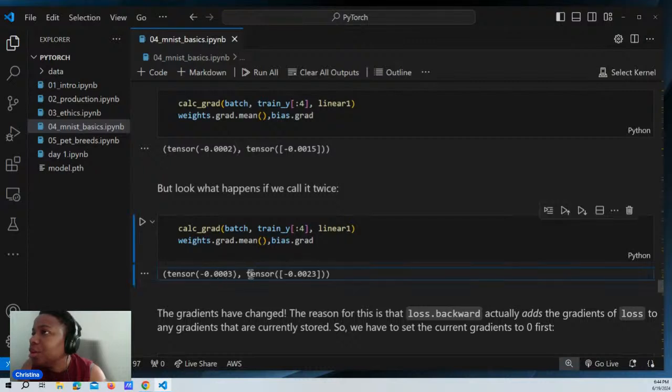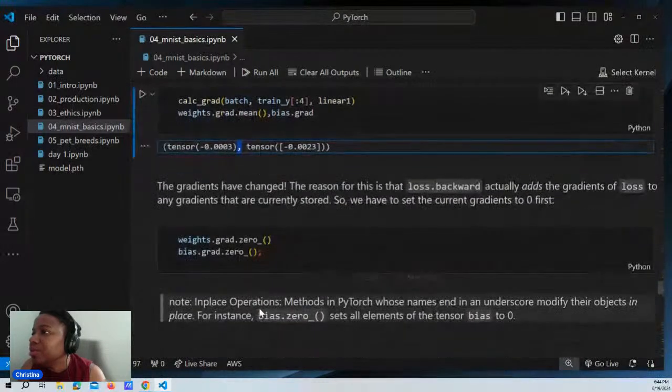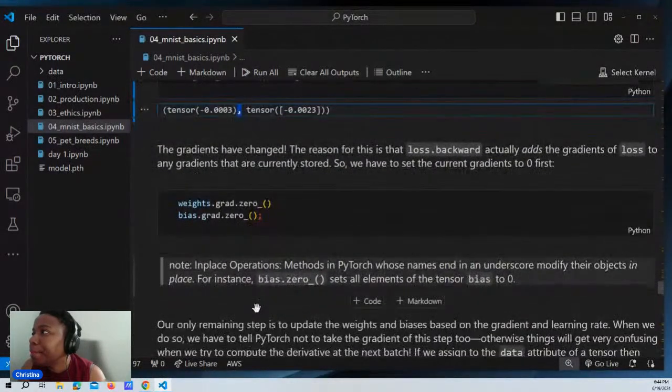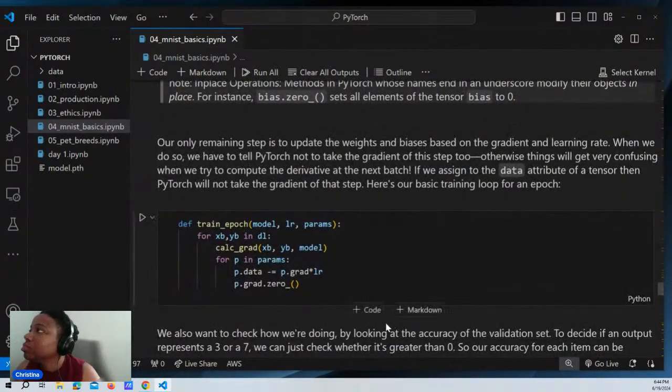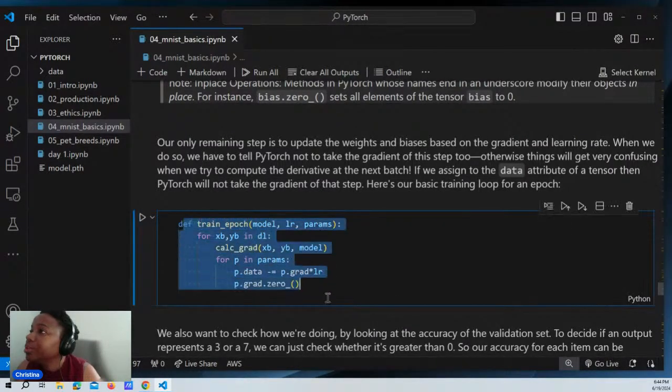So if you call it twice without resetting, it will change based on whatever value is currently stored. That is a great note to make. So this is the basic training loop it created for each epoch, that is training of the model.